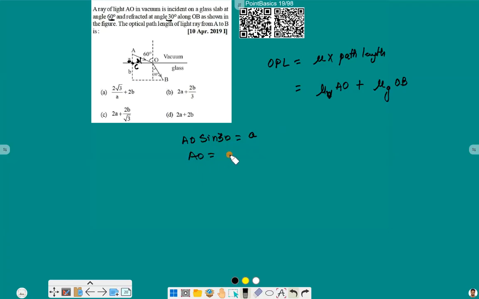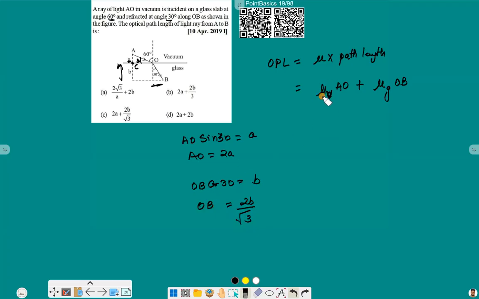So the value of AO will be twice of a. Now similarly, for this lower triangle, this length is b. So OB cos 30 is equal to b. So from this, OB will be equal to twice of b by root 3.